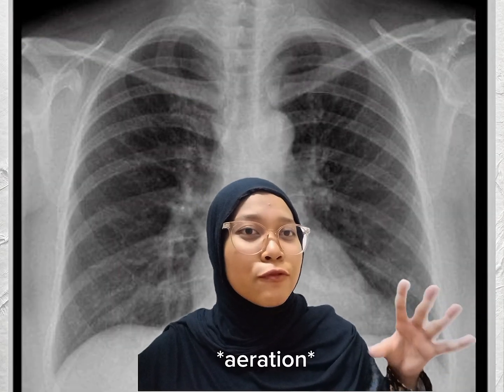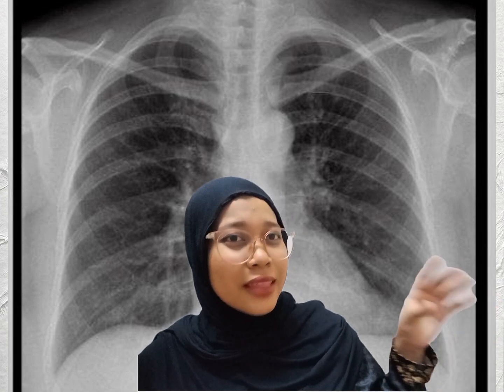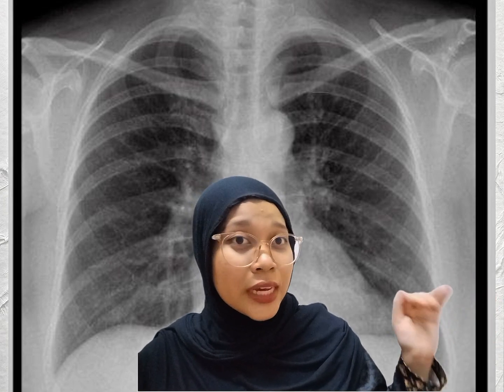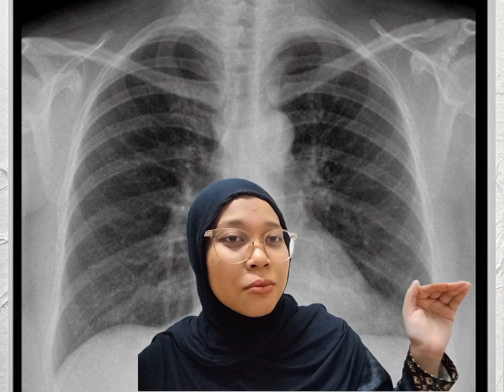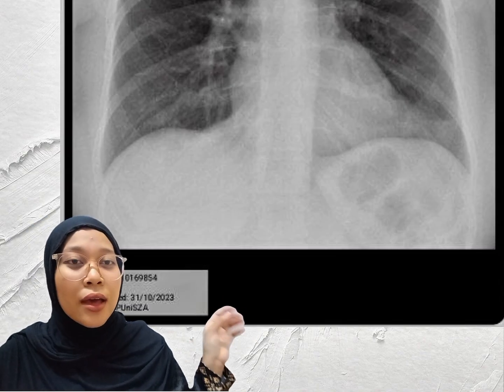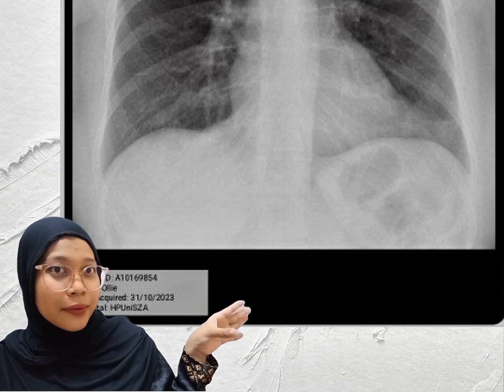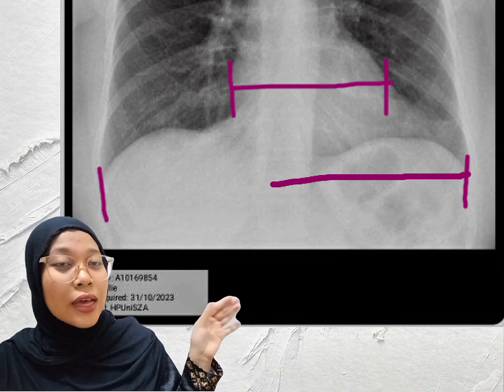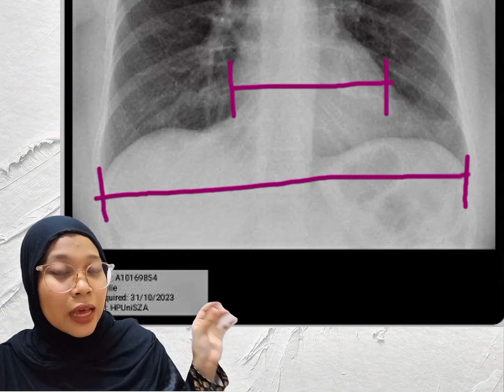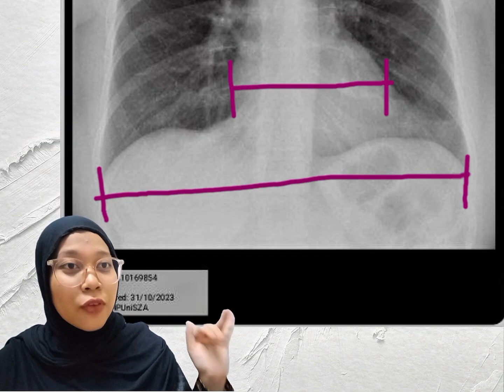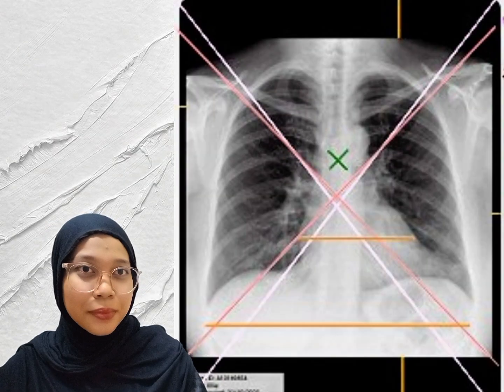The patient is also not in full inspiration because the tenth rib is not projected above the diaphragm. Also, the heart shadow is not enlarged, evident by the cardiothoracic ratio being well within the normal limit of 50%.